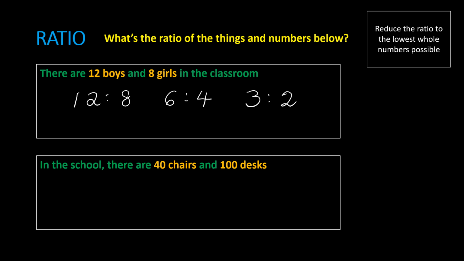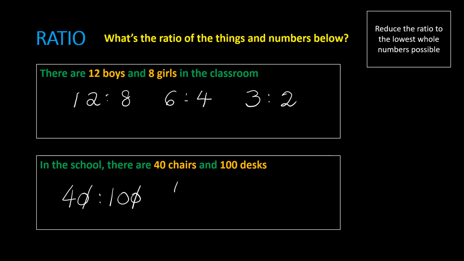Now let's try the other one. In the school, there are 40 chairs and 100 desks. So it's the same thing. We would write 40 to 100. Now we have zeros that we can cross off.